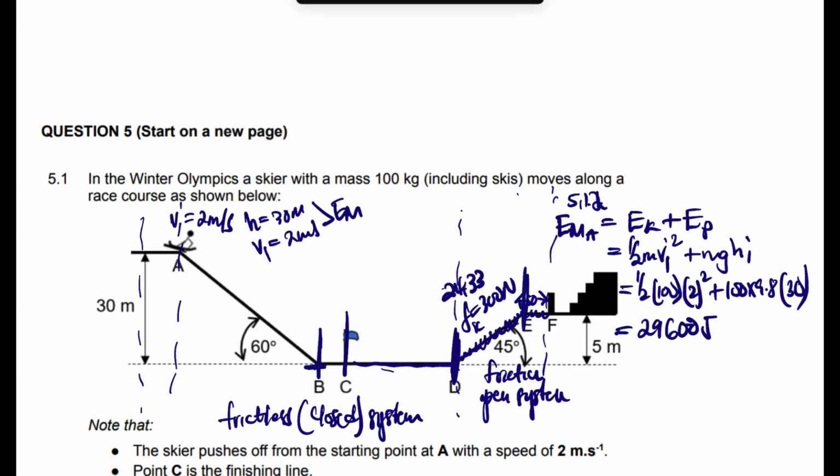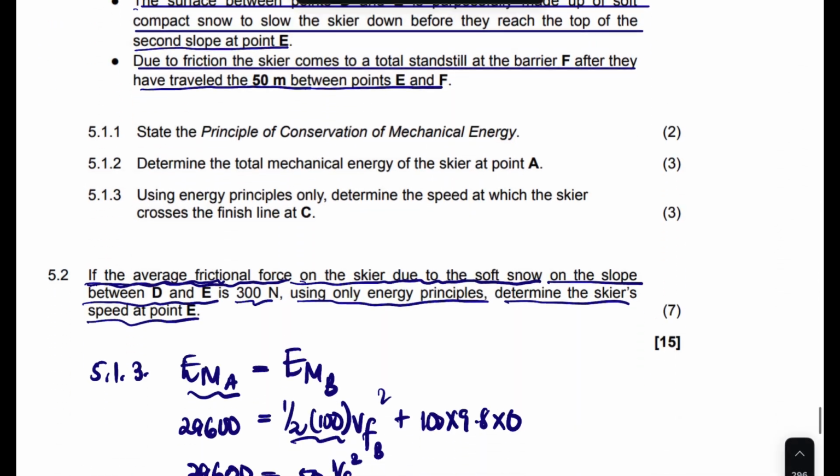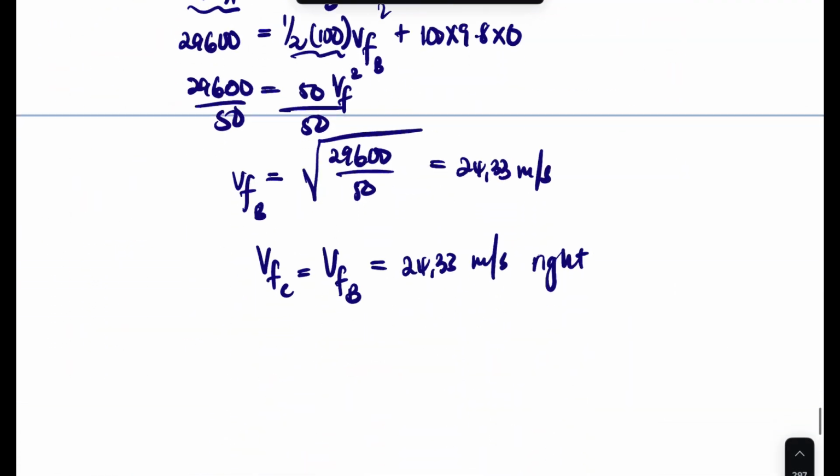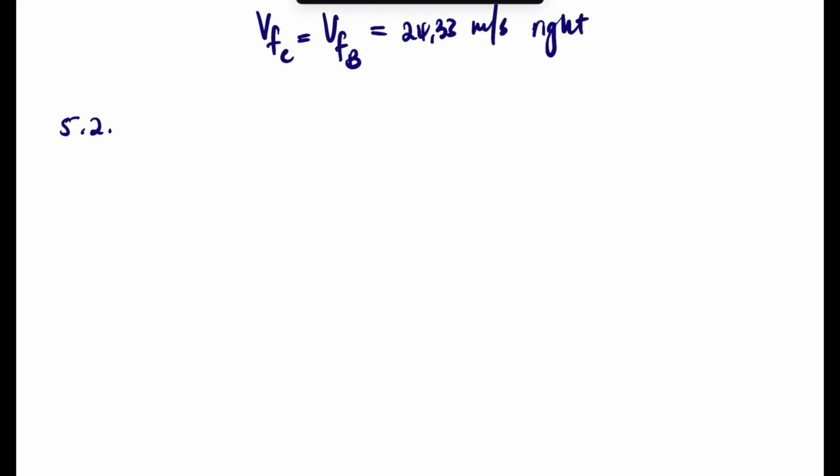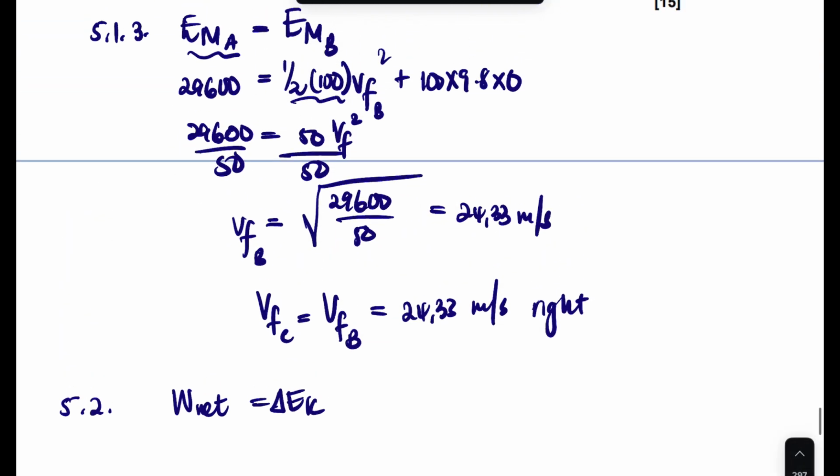So the speed at E should be lesser than 24.33 due to the friction, because it's slowing down. So I'm going to use the work energy theorem. There I'm going to say work net is equal to change in EK.